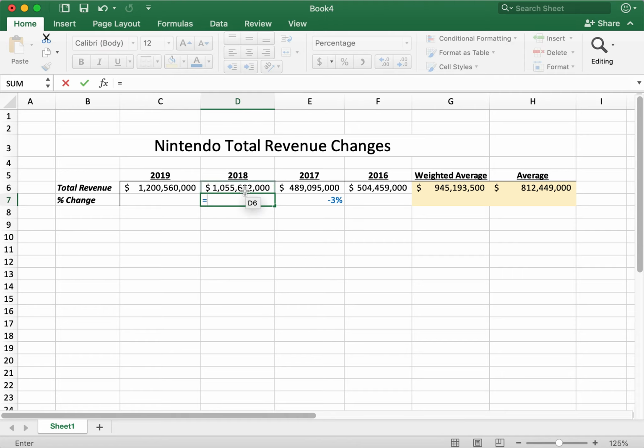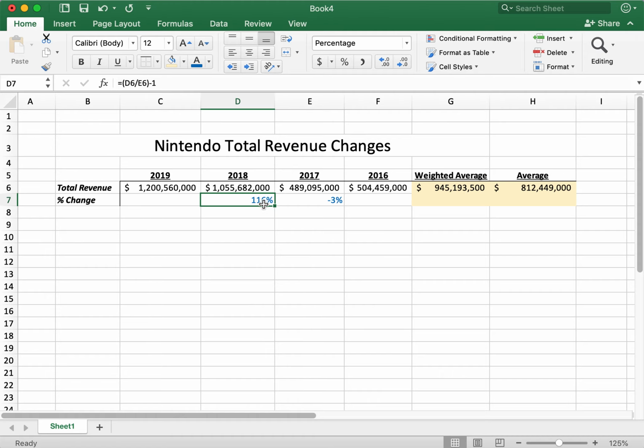Equals, parentheses, this number divided by that number. So current year divided by previous year minus 1. And they had a 115% increase, which, once we remove those decimals, is rounding up to 116.